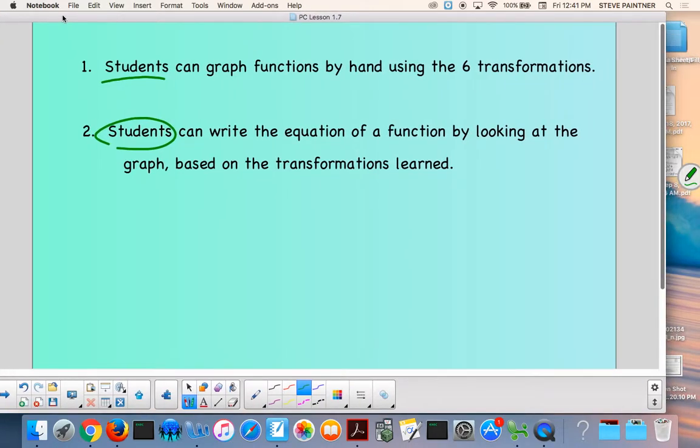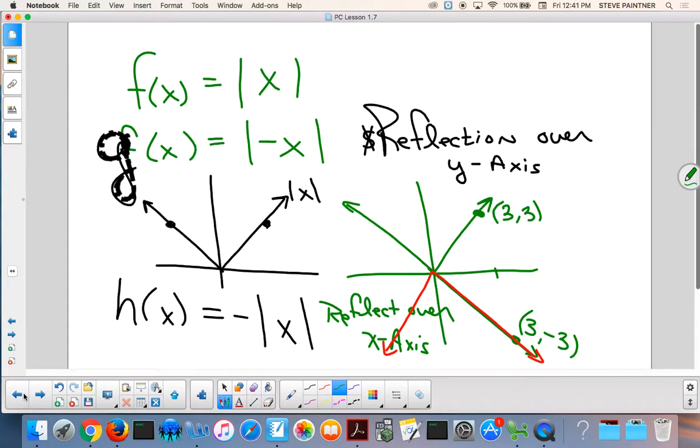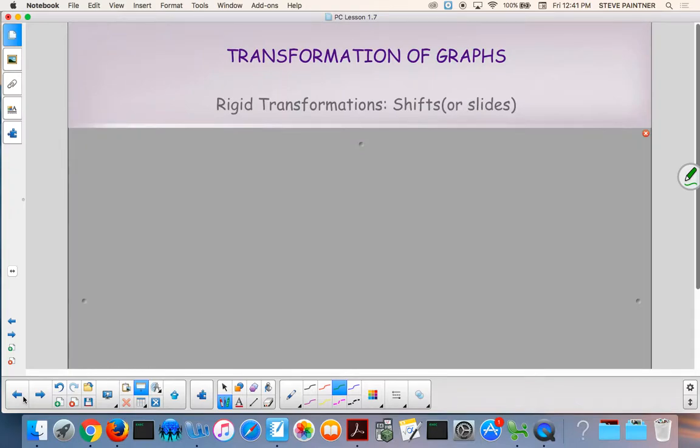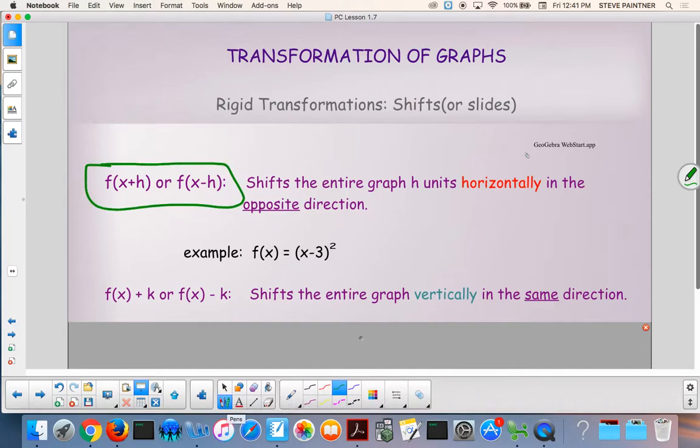Okay, so here's what you're going to do. You are going to do the first slide. More or less, this says this. If you have your function f of x, I'll say f of x is your parent, and you are going to perform this or this, f of x plus h or f of x minus h.